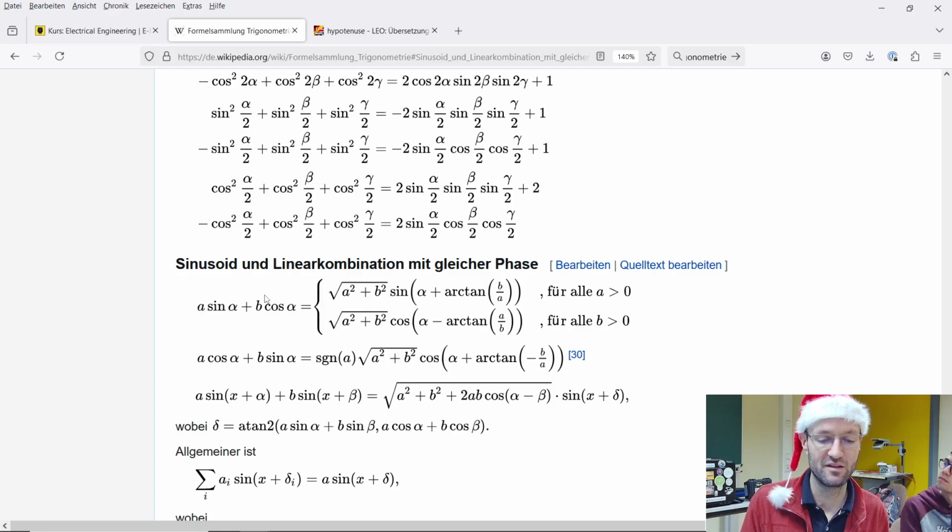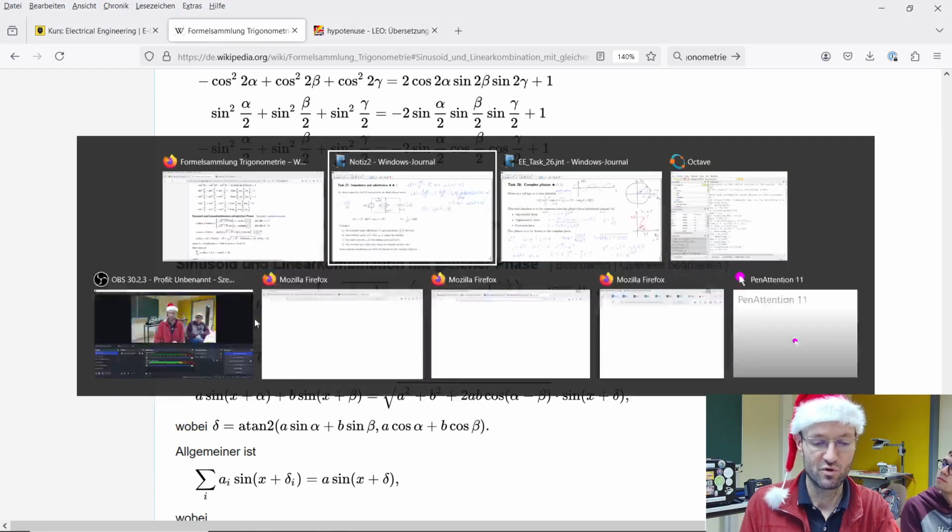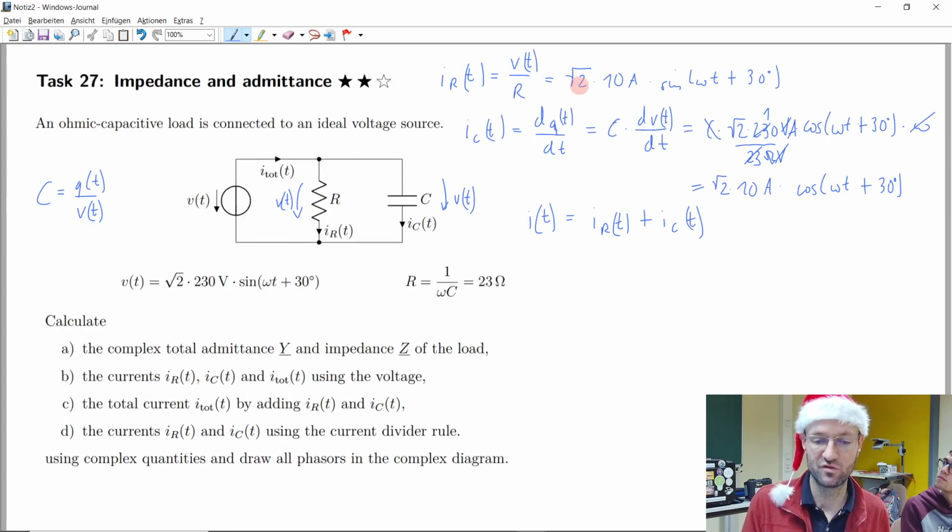So as we can see, it's the square root of a squared plus b squared, and then the sine function plus the arctangent of the ratio between the two. And in our case they are equal, because it's both square root of 2 times 10 ampere.